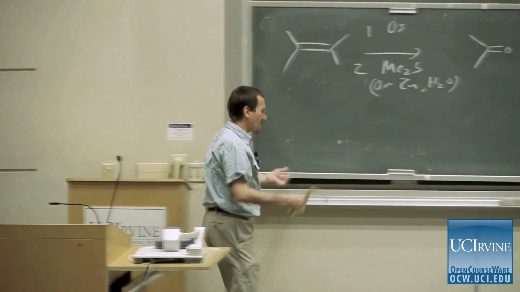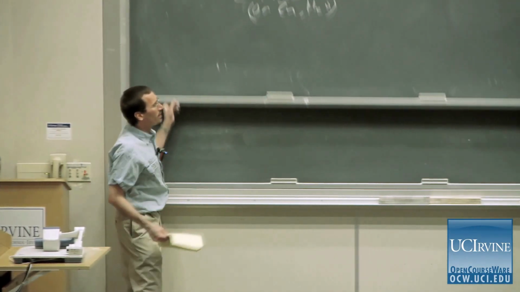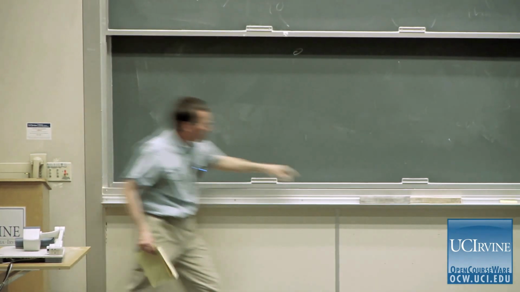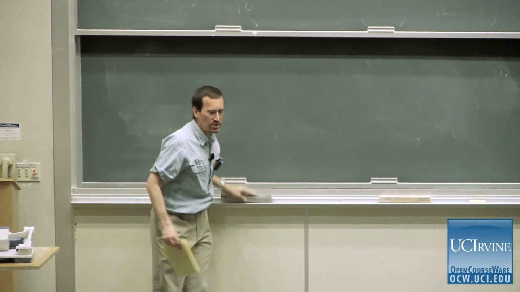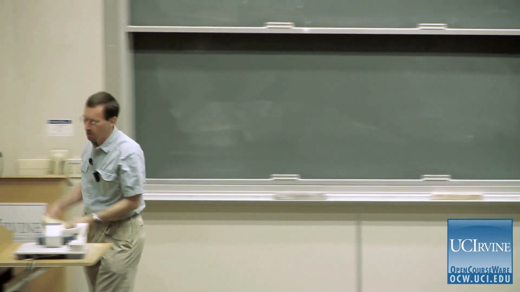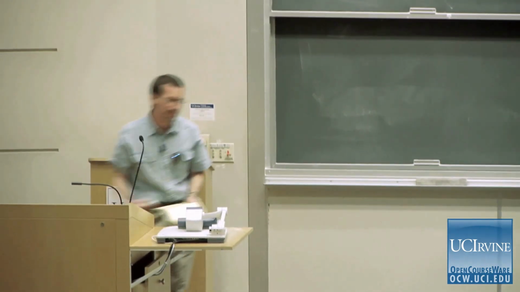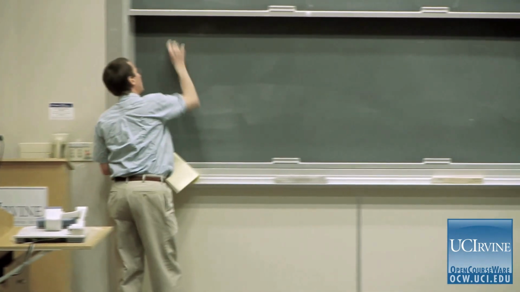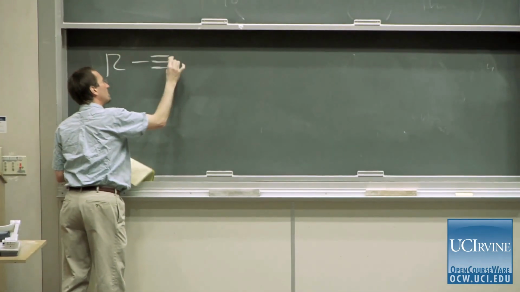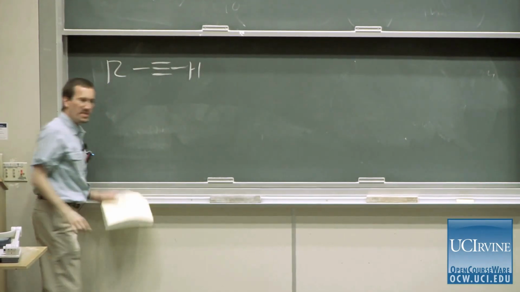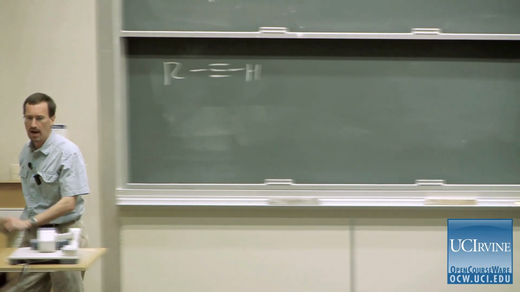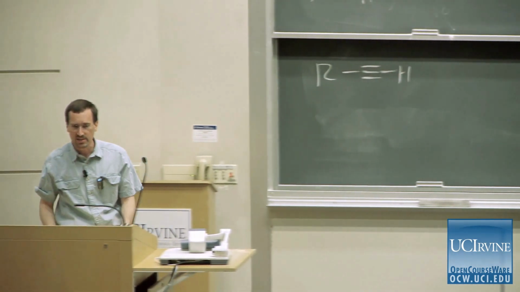Again, by way of review, your textbook reintroduces various reactions of alkynes, and this is all a quick survey of things you've seen before. So your textbook reintroduces the Markovnikov addition of water across alkynes to give ketones.